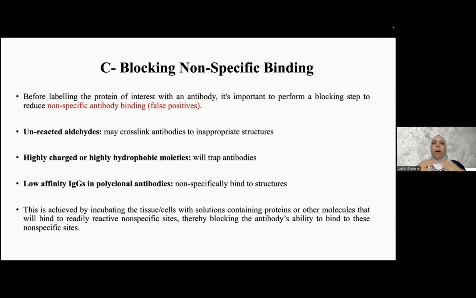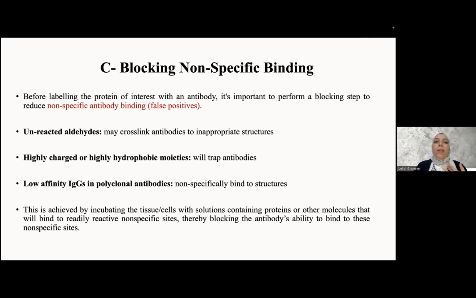So after we are done with fixation and then permeabilization to enable the antibodies and the fluorophores to enter the cells, we have to make a very critical step, which is blocking the non-specific binding to avoid false positive results. So why can non-specific binding happen?